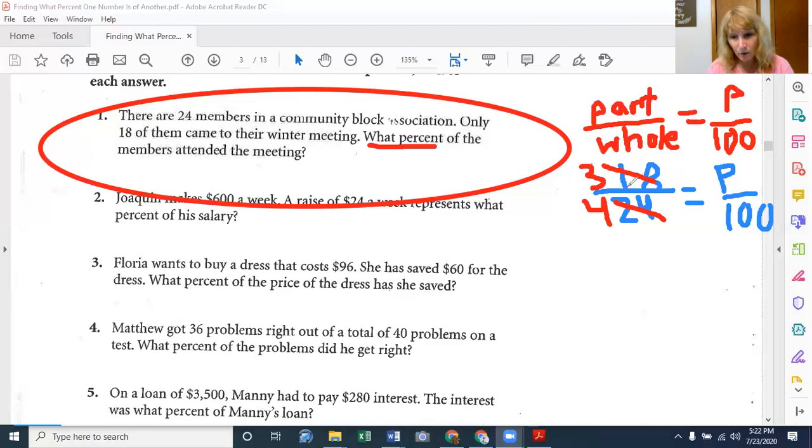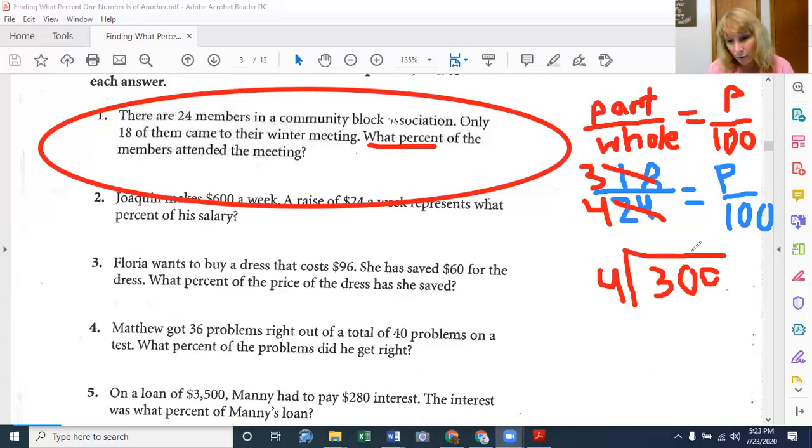So 3 times 100 is 300. But if you notice that, you can avoid having to multiply and divide. You notice that the fraction is 3/4 or 1/2 or 1/4. If it was 1/4, it'd be 25%. If it was 1/2, it'd be 50%.